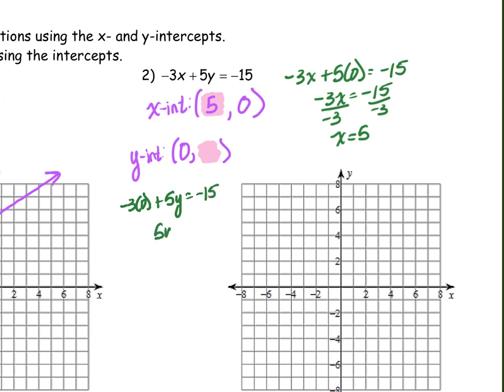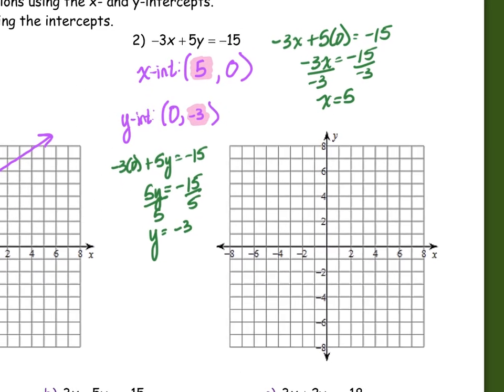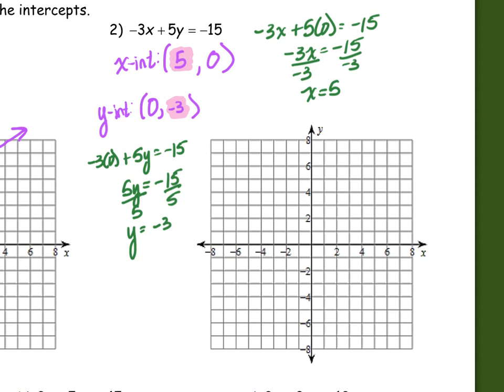So 5y equals negative 15. Divide by 5. And y is going to equal negative 3. So those are my 2 points. So if I'm going to look on my graph here, my x-intercept is 5, 0. And my y-intercept is negative 3, 0. And then I'm going to attempt to draw a straight line between the 2 points.